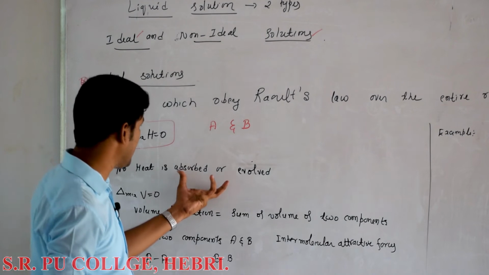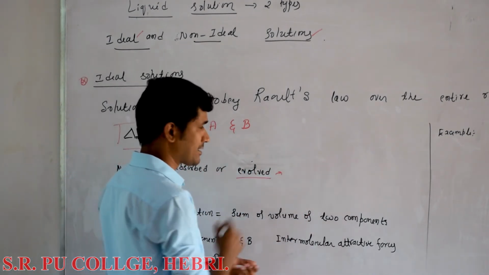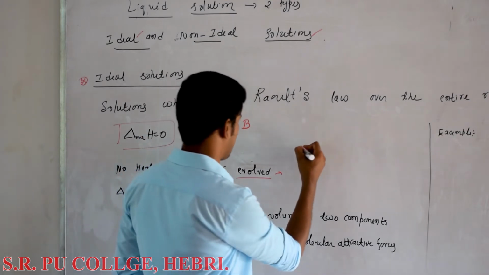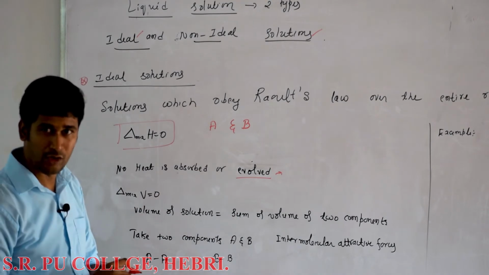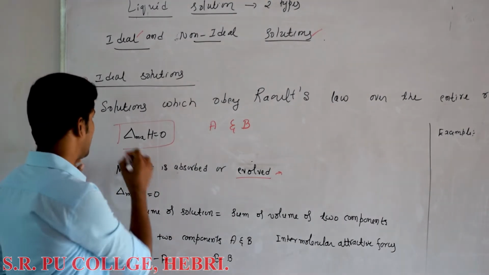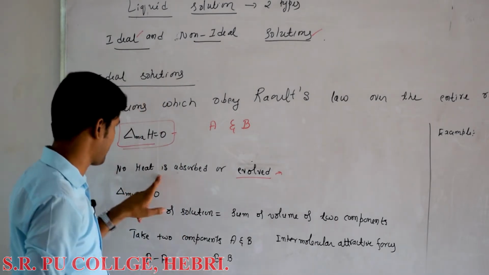The absorption or evolution of heat depends upon the type or strength of intermolecular forces. Here no heat is evolved or absorbed. The enthalpy of mixing is equal to 0 for all ideal solutions.